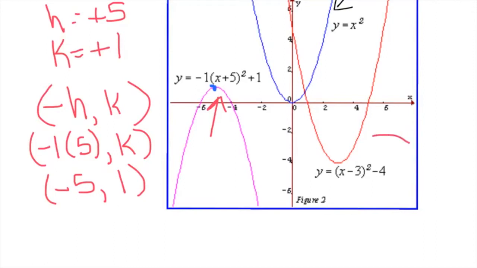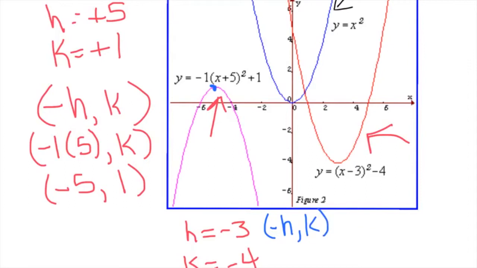If we look at our red parabola, related to the equation x minus 3 squared minus 4, we can see that our h value is negative 3, our k value is negative 4. So, since our vertex is negative h, comma, k, then we know that our vertex would have to be negative 1 times negative 3, comma, negative 4.